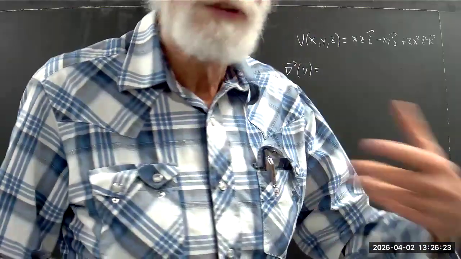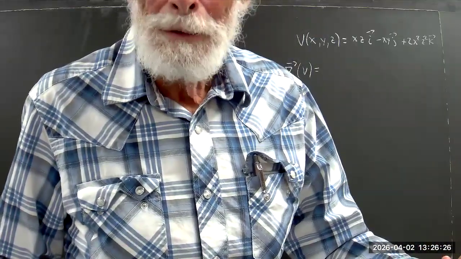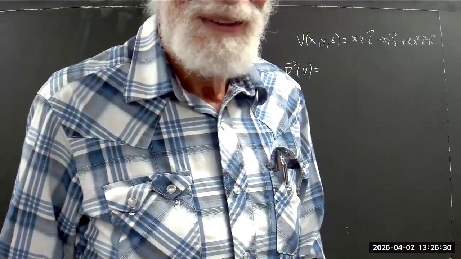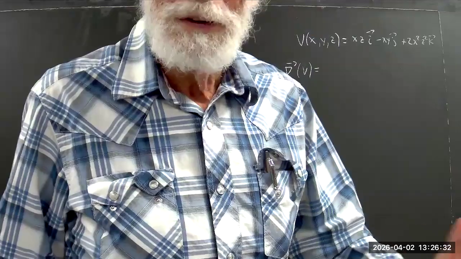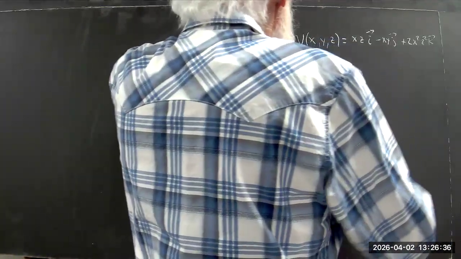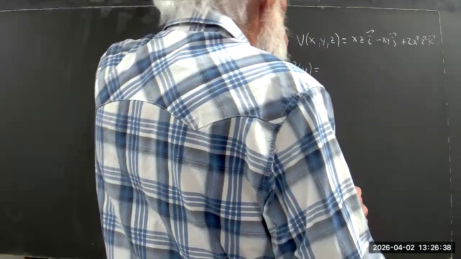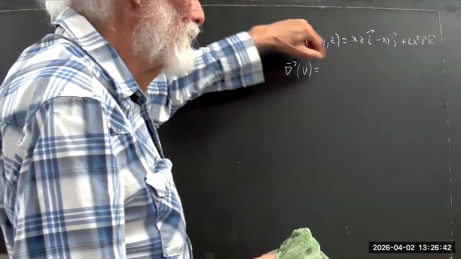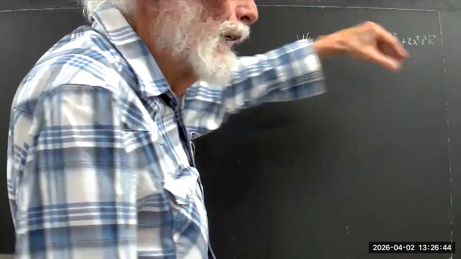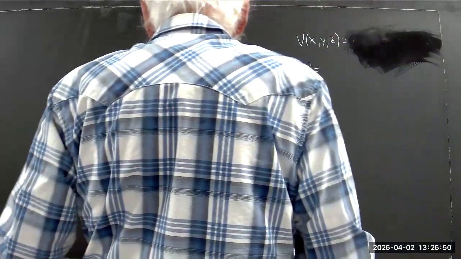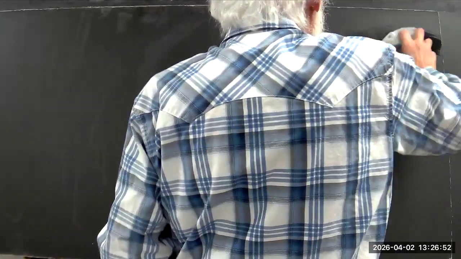I started saying for any scalar function, right? And I wrote a vector function. So what I was about to do is the divergence, and we're not talking about that yet. I mentioned it last time. We can do the del dot v. We can't do del of v because it doesn't tell us how to combine the i's or the j's, unless we have something like a dot or a cross product there. Okay.